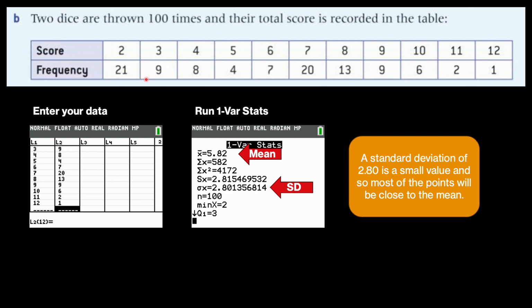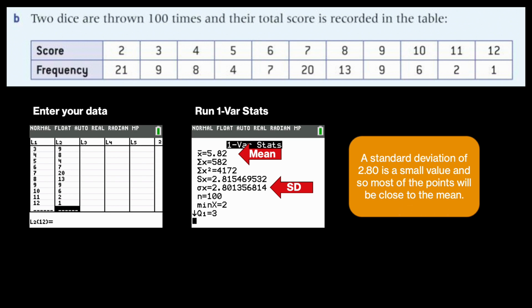Because dice range from 2 to 12, you see that the standard deviation number is lower. The lower the number, the closer the numbers are together. It's not as spread out, so the higher the number, the larger the spread is. So a standard deviation of 2.8 is a small value, so most of the points will remain close to the mean.